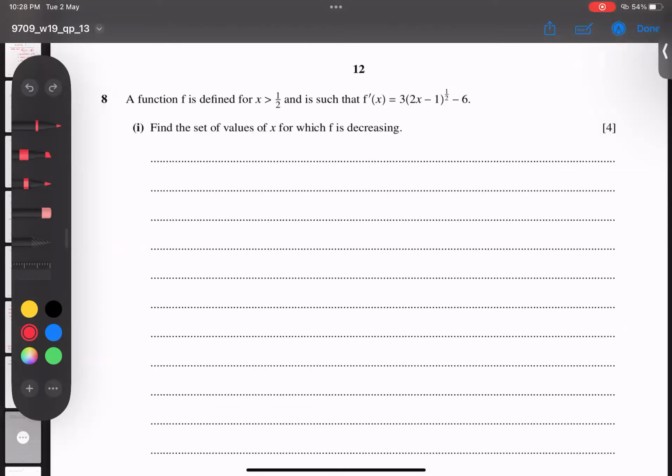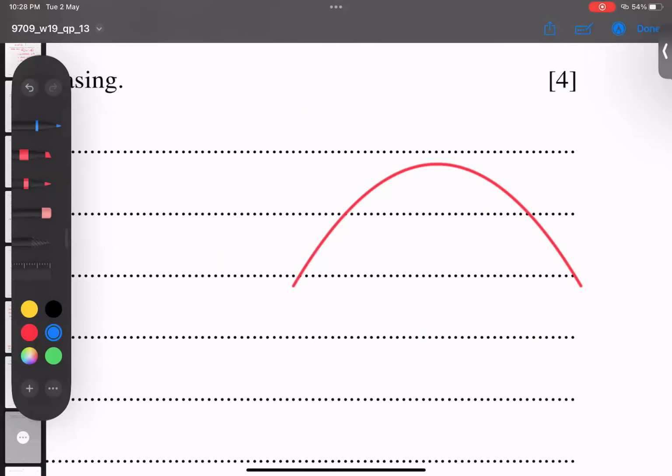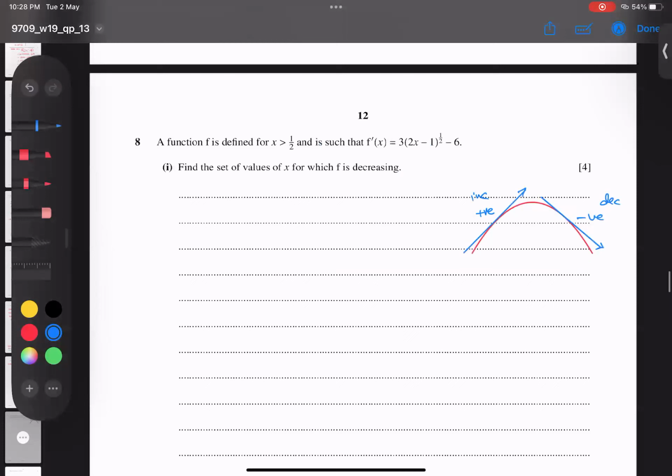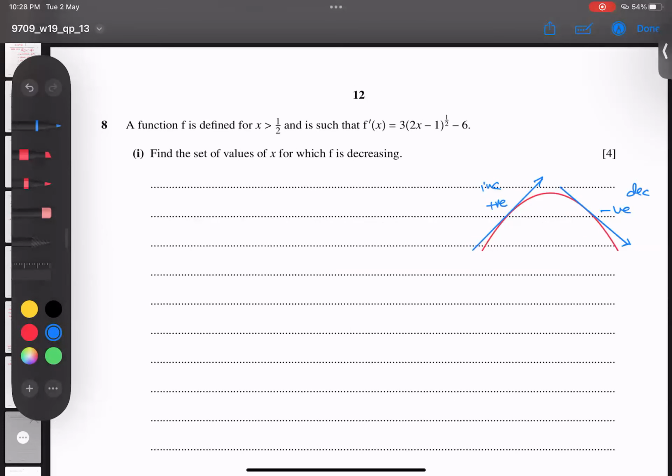For your knowledge, look here, students, if a curve is like that and I draw a tangent at this point, and I draw a tangent at this point, this is a positive gradient, and this is a negative gradient. So this is called increasing, this is called decreasing. Our major concern is the gradient.